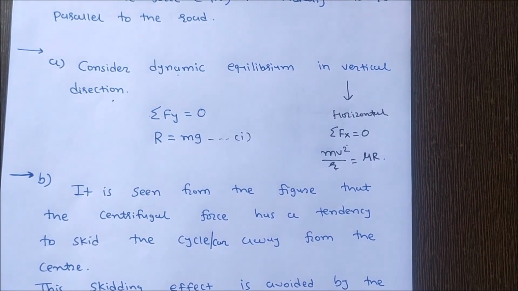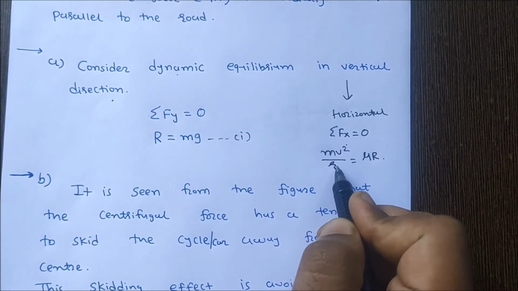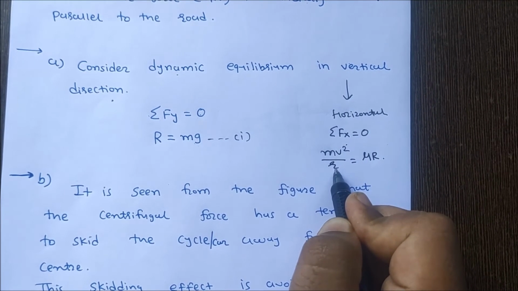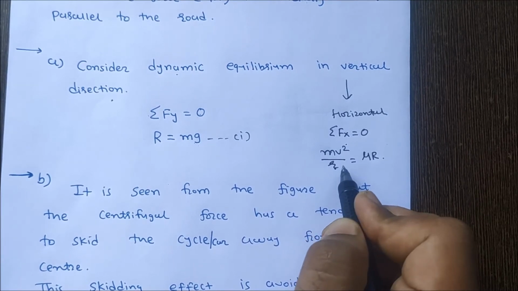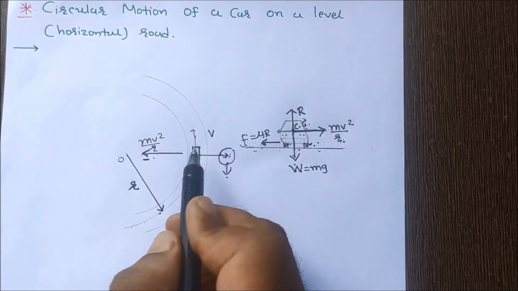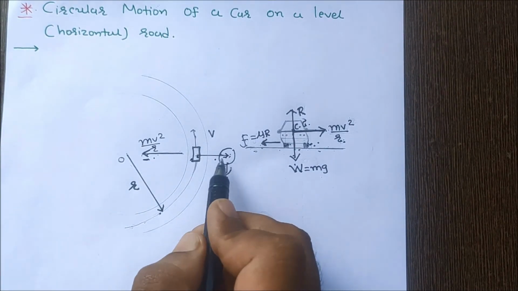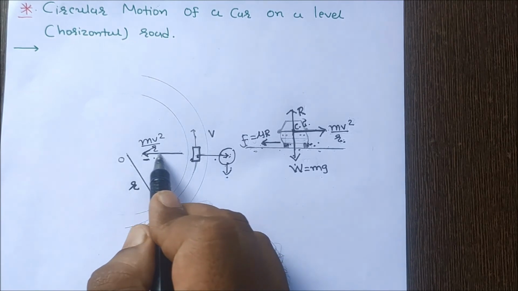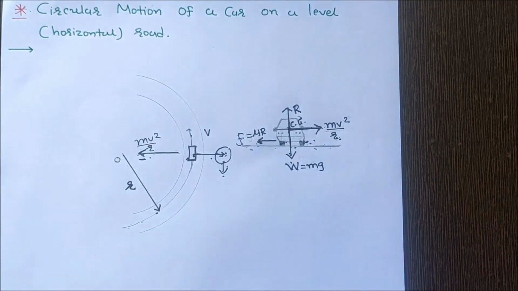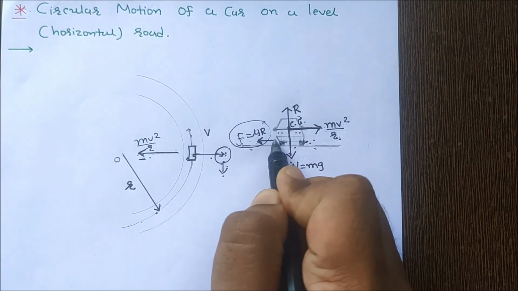So here you can say that the centripetal force mv squared by r, required for circular motion along the surface of the road, is provided by the frictional force mu R. It is seen from the figure that the centrifugal force has a tendency to skid the car away from the center. This skidding effect is avoided by the frictional force.